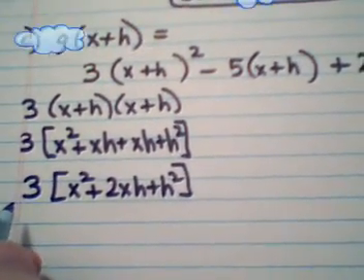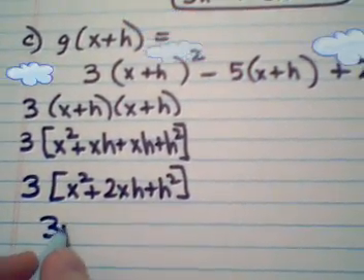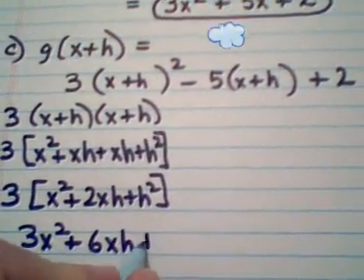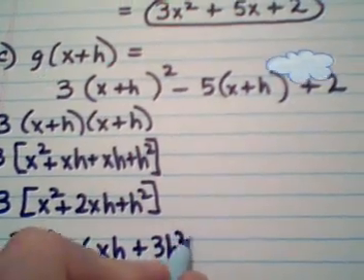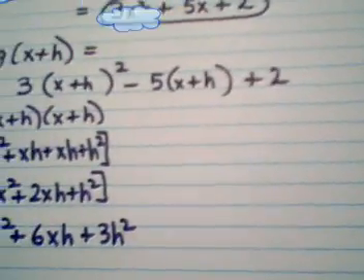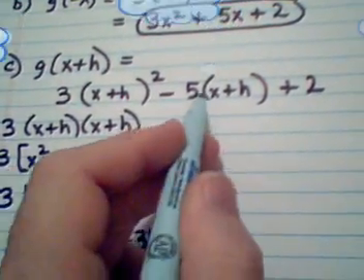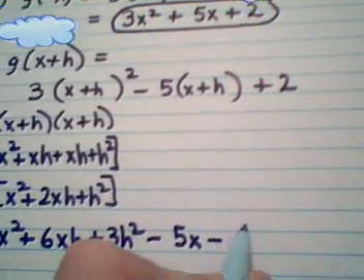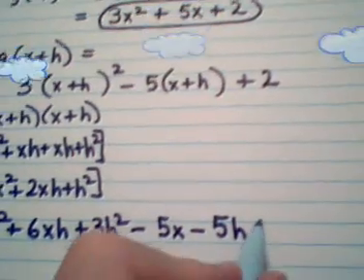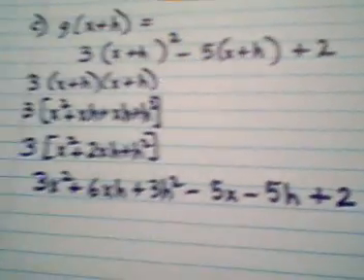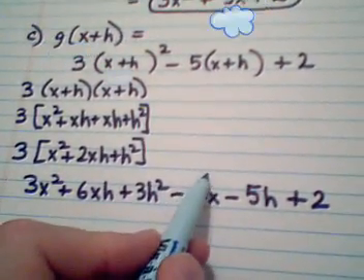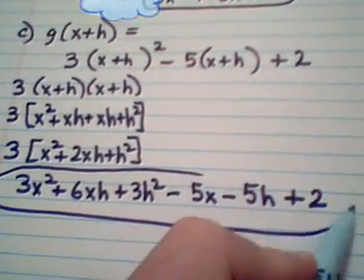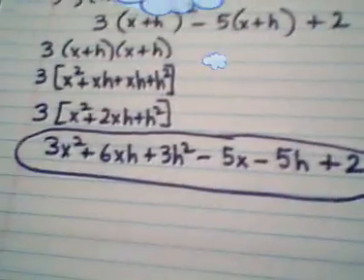That's all multiplied by 3. 3x squared plus 6xh plus 3h squared. And now we bring down the rest of the problem. We distribute the negative 5, which gives me negative 5x minus 5h, and we pick up a plus 2. And we look at that mess, and in this mess, there are no like terms, so that's your final answer.